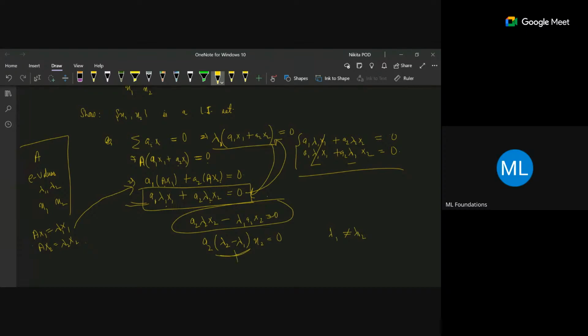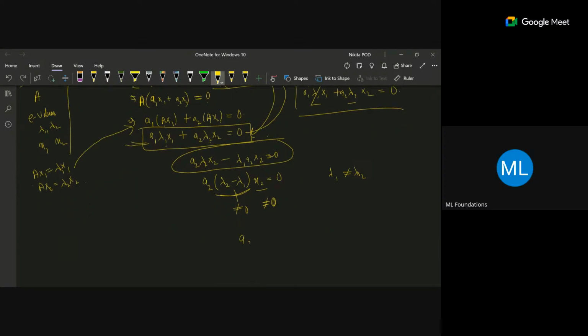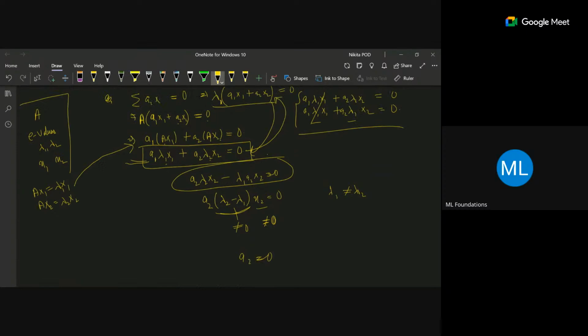And x2 is also non-zero, because we have two eigenvalues, so corresponding to them we should have two eigenvectors. So what is left is a2 equals 0. Now if you substitute, you should also get a1 to be 0. Just substitute in this one and you will get a1 also to be 0.